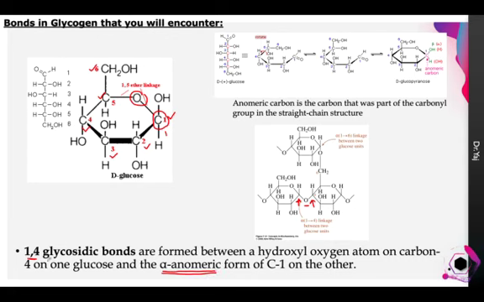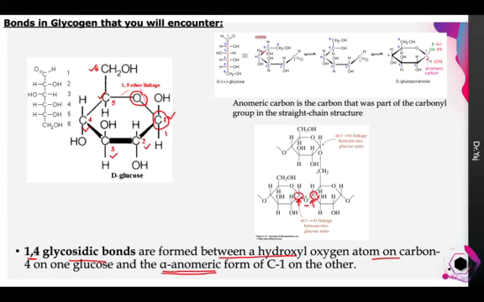So in glycogen we have 1,4 glycosidic bonds that are formed between the hydroxyl oxygen atom on carbon 4, which is located here, and the alpha anomeric form of C1 on the other, which is located here.